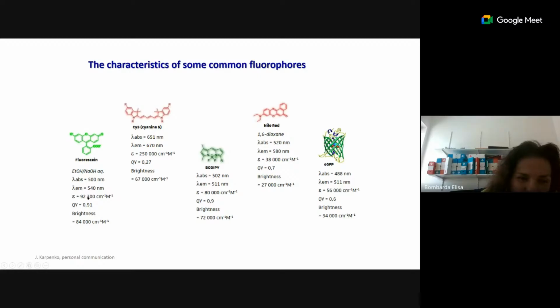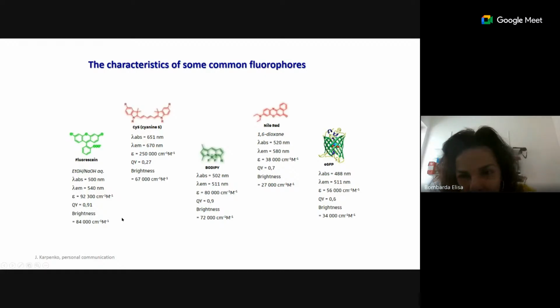Instead here you say, okay, it's less easy to excite, the probability of excitation is lower, but as soon as it is excited, it has a large quantum yield, and so at the end the signal is also good. So it's in this way that the story has to be seen.